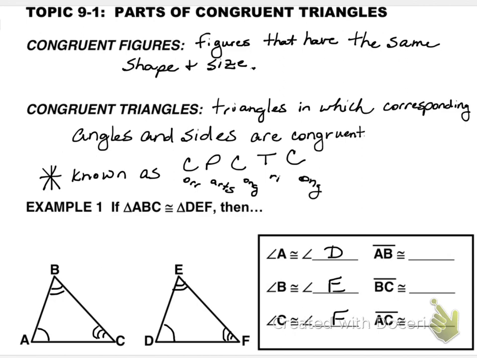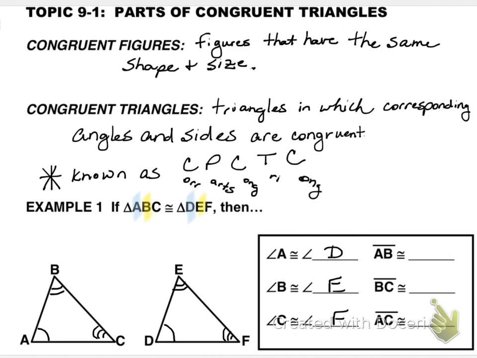Now you could do this without a picture, because the corresponding angles are going to be the corresponding vertices. A and D are in the first spot, so they're the corresponding parts that are congruent.